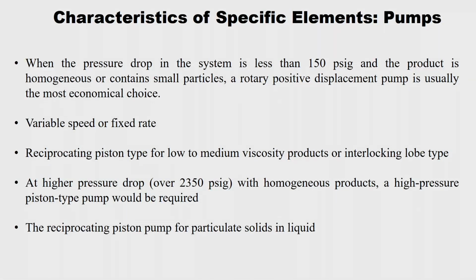So when the pressure drop in the system is less than 150 psig, in the positive displacement pump also there are various categories. So when do I choose what, right? When the pressure drop in the system is less than 150 psig and the product is homogeneous or contains small particles, in the sense 1/8 of an inch, approximately, a rotary positive displacement pump is usually the most economical choice.